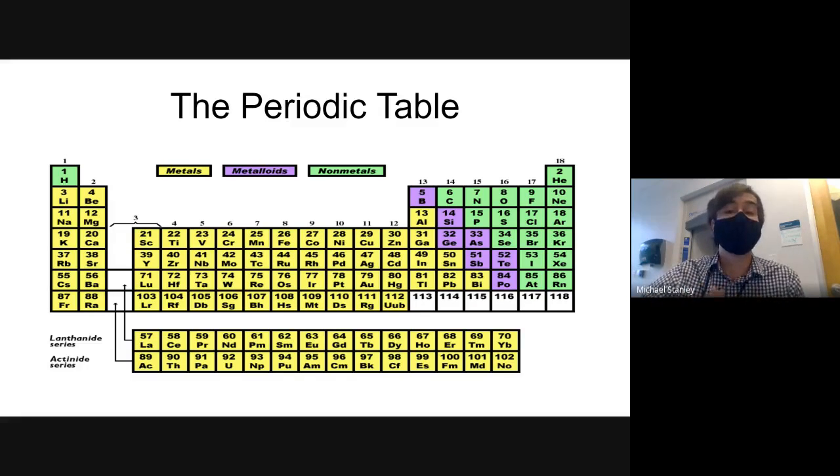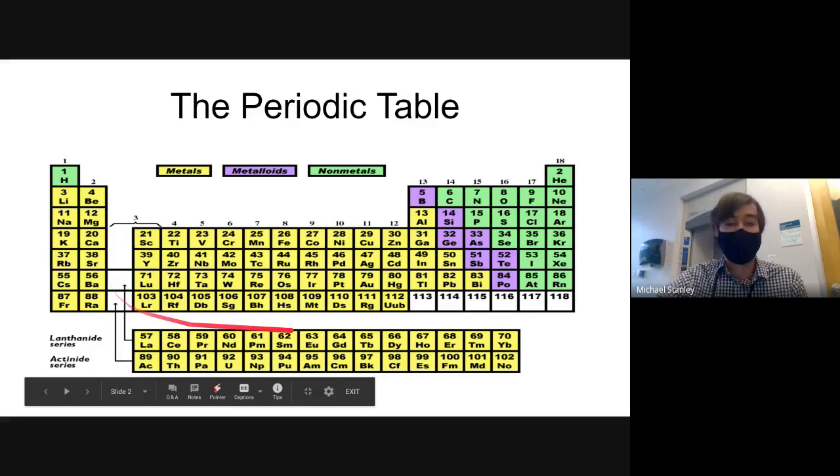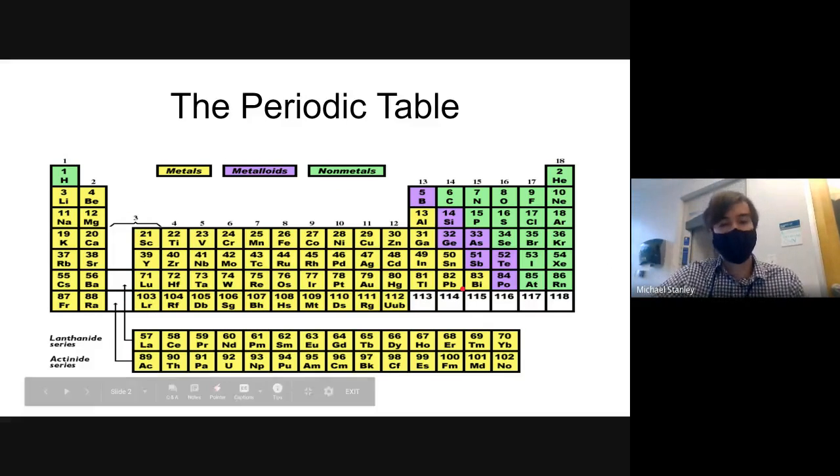Today we're not just going to talk about the structures of the atoms themselves, but how we can figure out clues about how the atoms are structured based on the information in their little periodic table boxes. You're going to learn how to read all of the information contained in this one big table that scientists have put together.